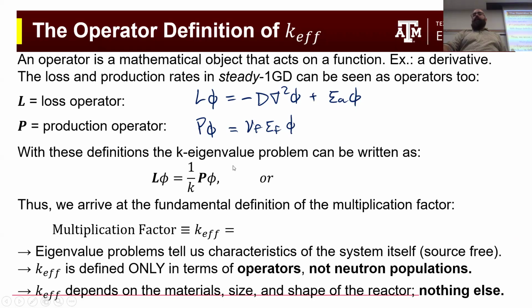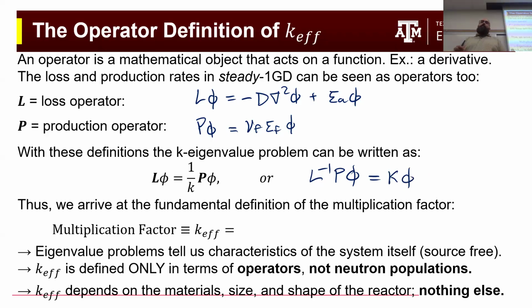If I wanted to get k times phi by itself, I would rearrange this equation to get the loss and production terms on the same side, which means multiplying by the inverse of one of those operators. So I would do L inverse P of phi, and that would be equal to k times phi.